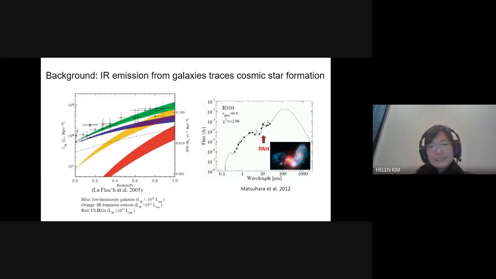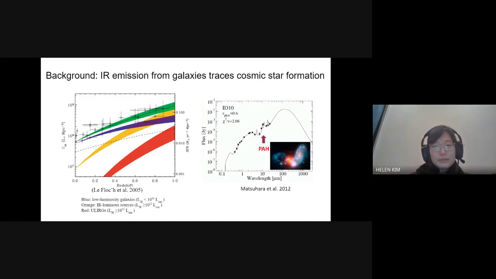So this highlights the need for us to have infrared spectra in order for us to understand the cosmic star formation as well as galaxy evolution. And so what does this infrared spectrum look like? On the right is a plot of the spectral energy distribution. And we can see that in the mid-infrared, we have a prominent dust feature known as the PAH emission.